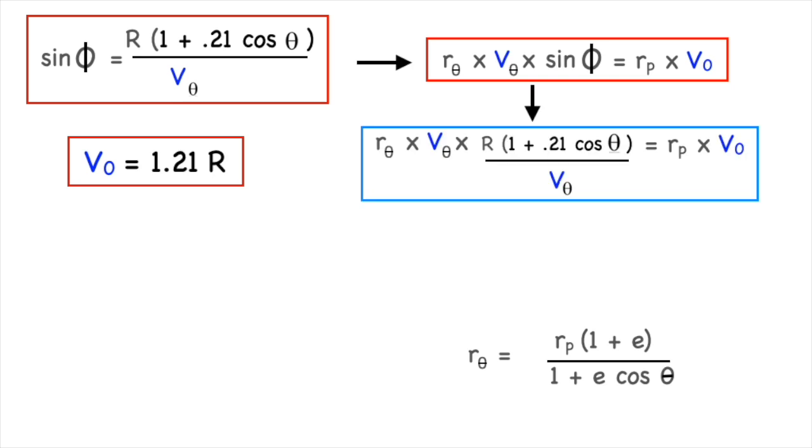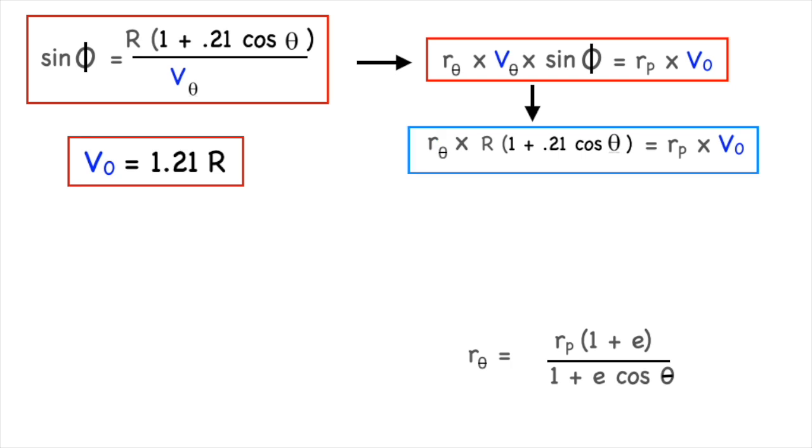So, substituting first for sine phi, we wind up with the equation in the blue box. Notice that the v sub thetas cancel out. And we are left with this equation in the blue box, and we are now ready to substitute for v naught.